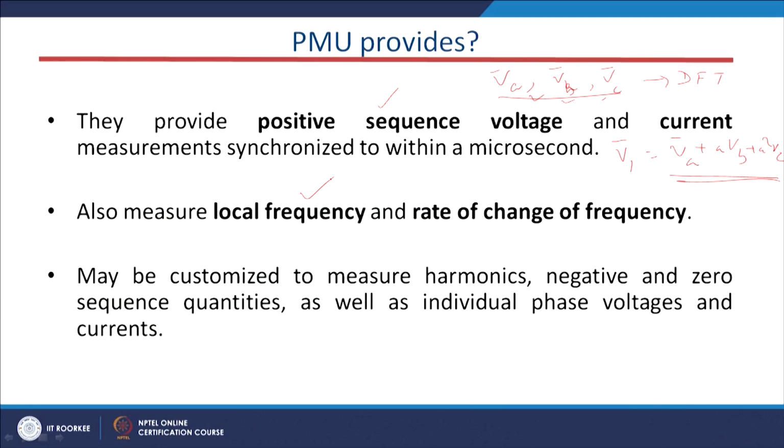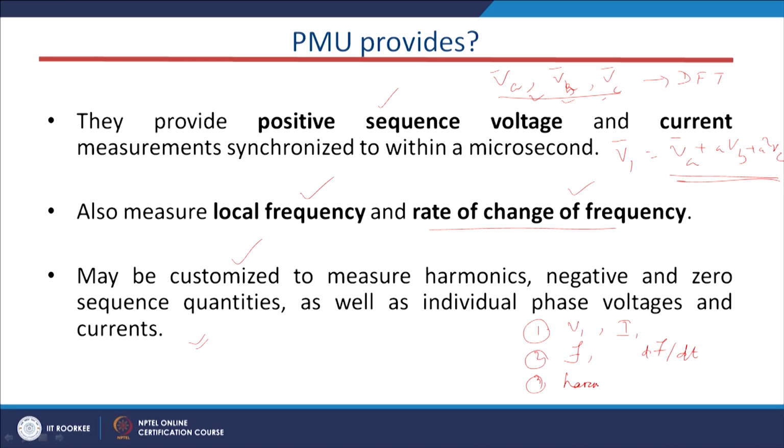It is also possible to measure the local frequency and rate of change of frequency. This is also important. First of all, it provides V1, I1, the positive sequence voltage and current, and second, it provides the frequency and also df by dt, the rate of change of frequency. And the third one is very important. If it can be customized, it can also measure or provide harmonics.